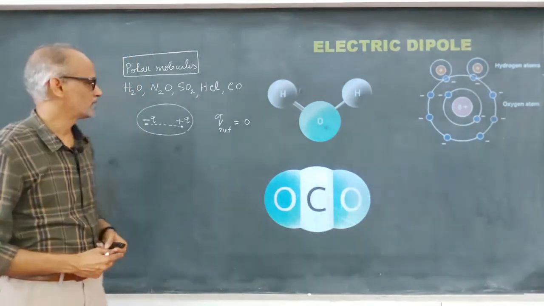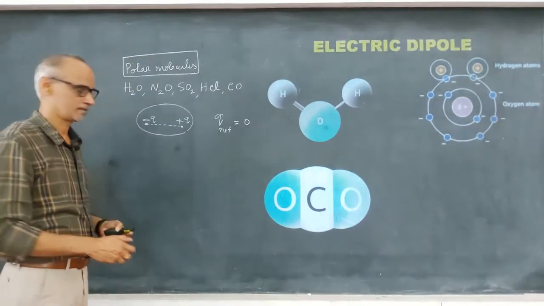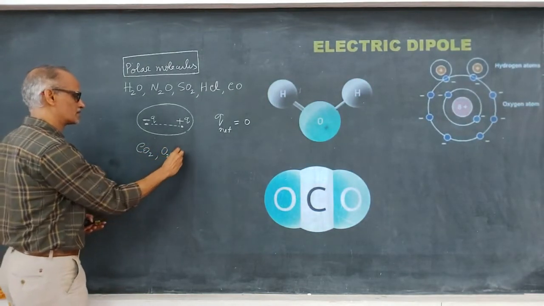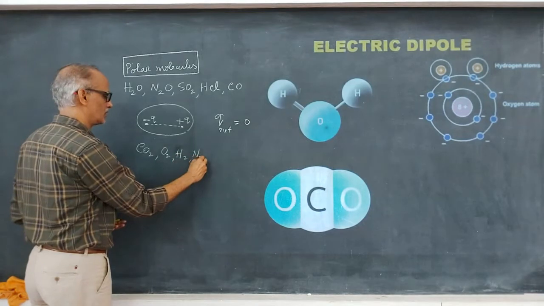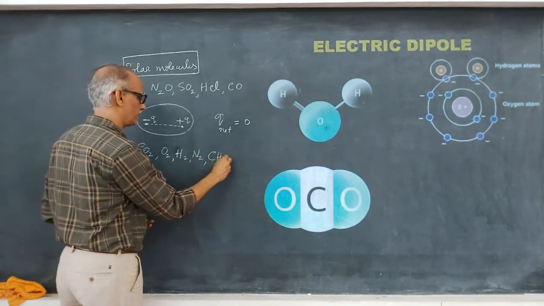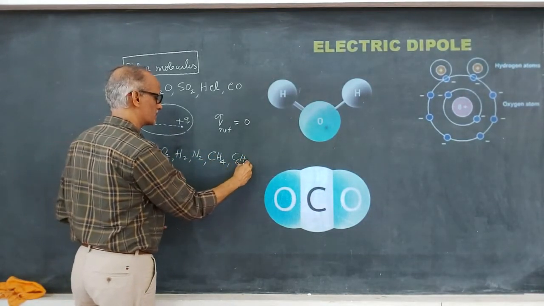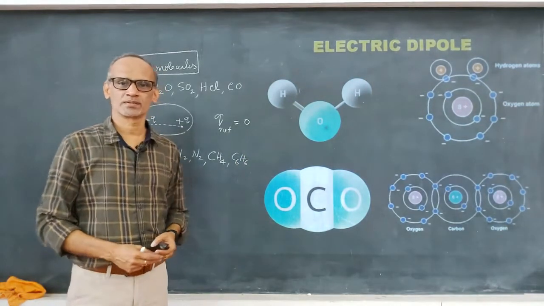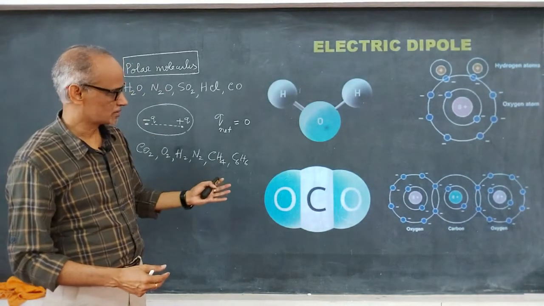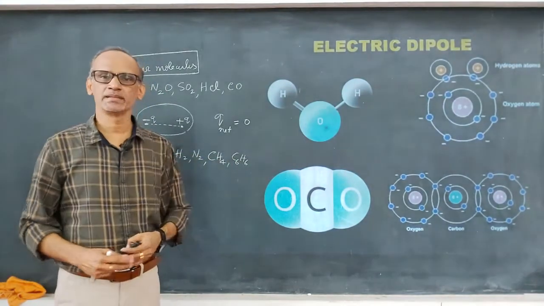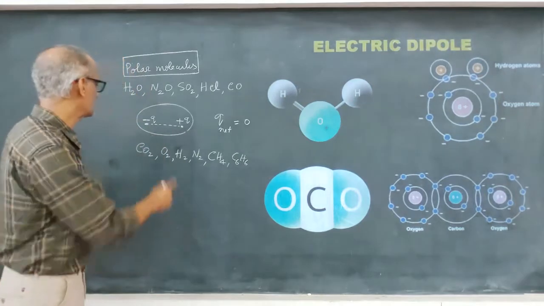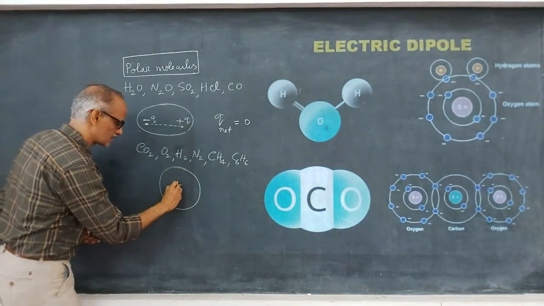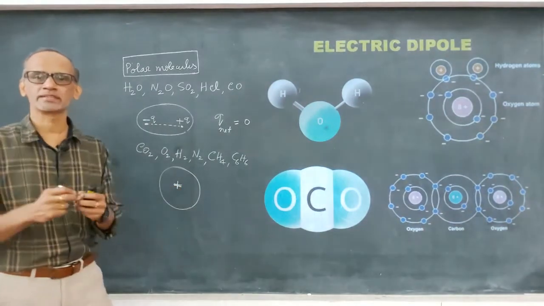Now, if you take the example of carbon dioxide and then the oxygen molecule, hydrogen, nitrogen, methane, benzene, in this case the arrangement of the electrons of the oxygen and the carbon is in such a way that the center of the positive charge and the center of the negative charge coincide.